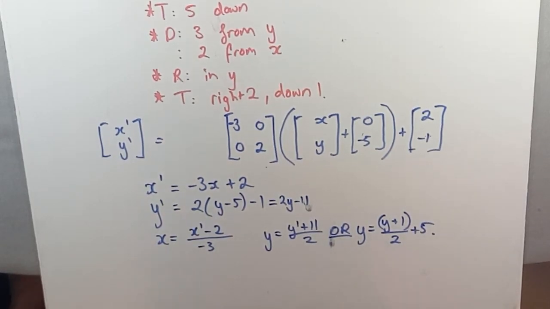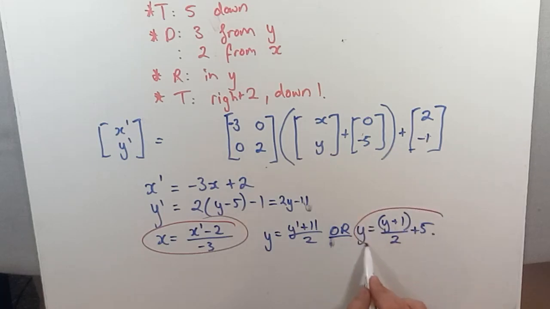I think I'll use this one because that might be easier to do. But either one will still get you the same answer. So I'm going to use this one and this one.